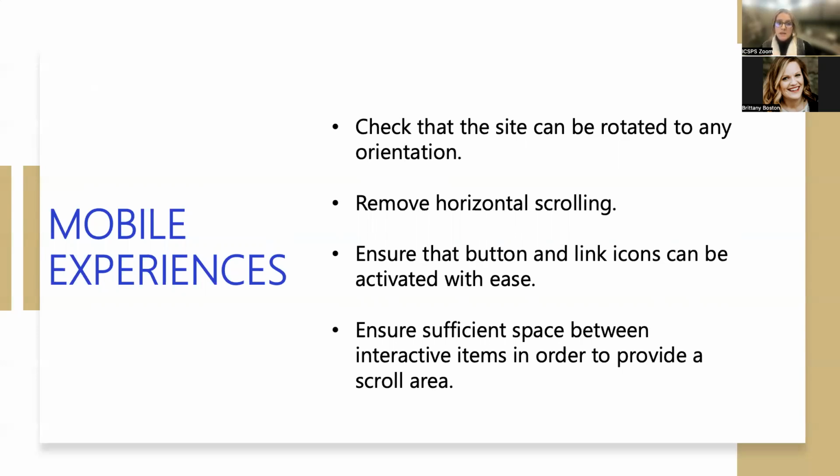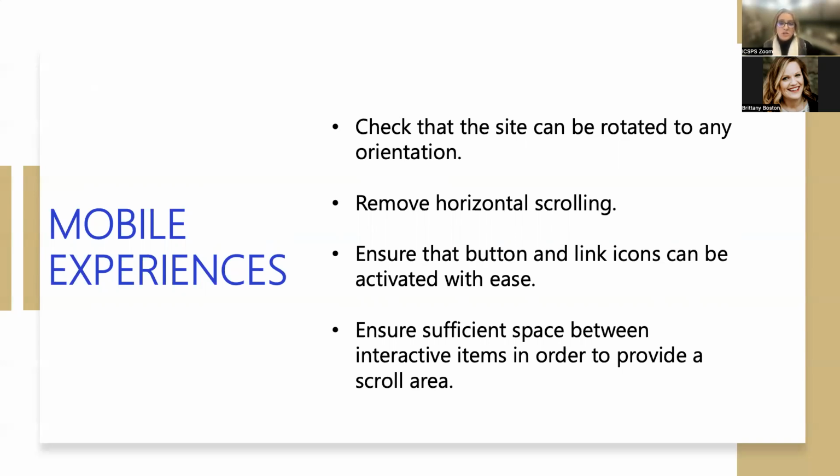So we want to check that our site can be rotated to any orientation and that it's completely accessible through those other kinds of devices that our students are using other than just a computer or laptop. You want to try to remove any kind of horizontal scrolling because this is not easily compatible with any kind of mobile device, especially for accessibility.